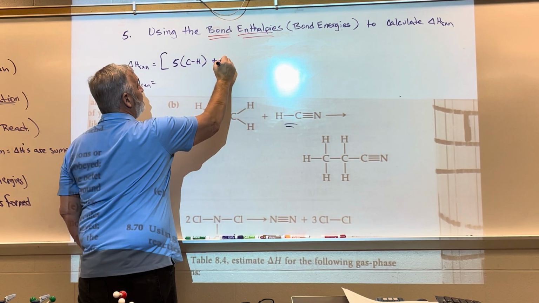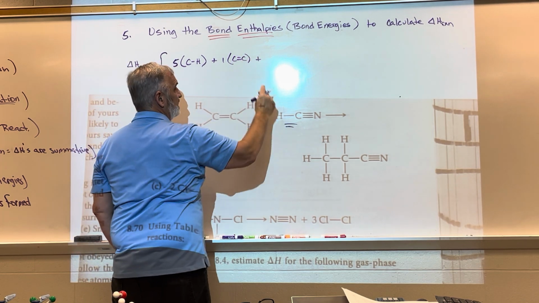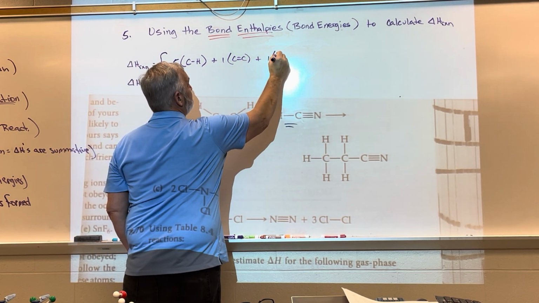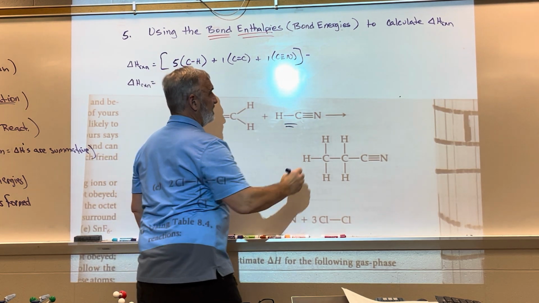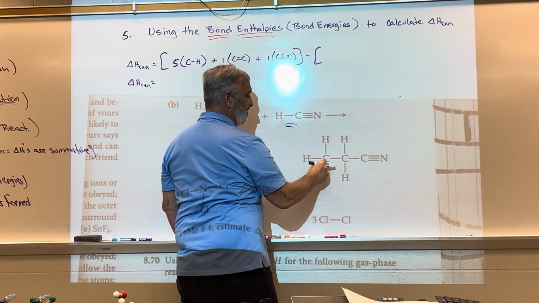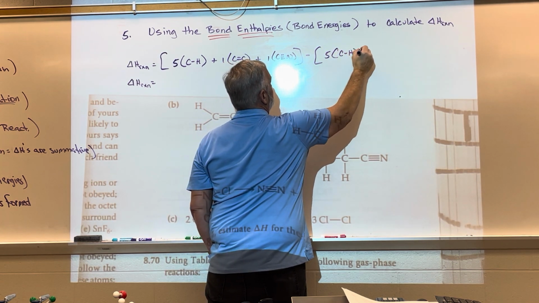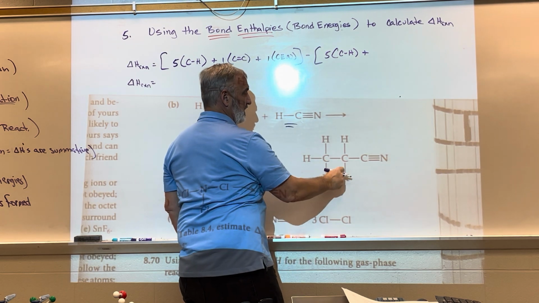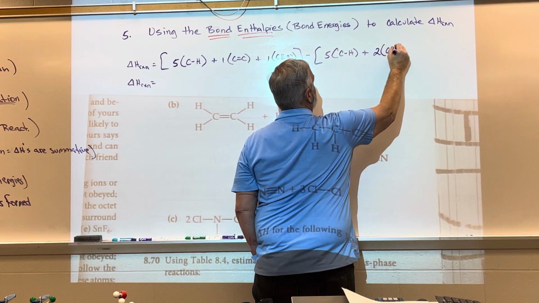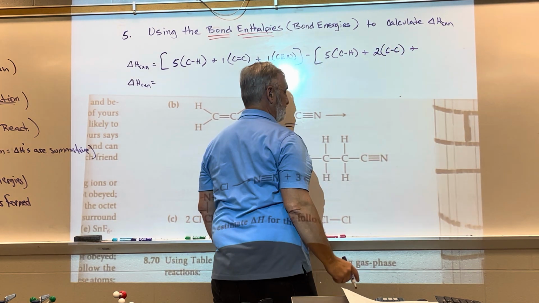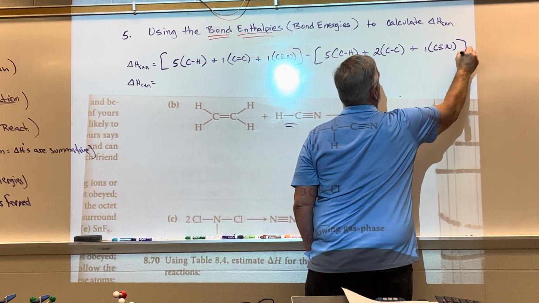Then 1 carbon to carbon double bond, plus 1 carbon to nitrogen triple bond, minus 5 carbon to hydrogen bonds, plus 2 carbon to carbon bonds, plus 1 carbon to nitrogen triple bond.